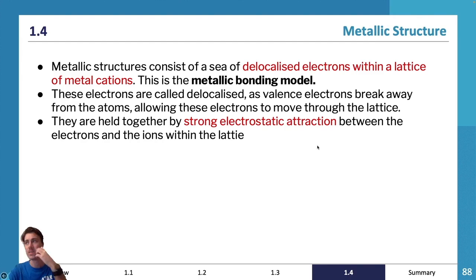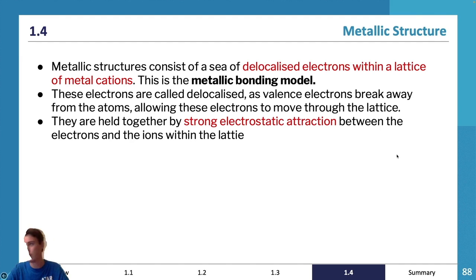So this is the metallic bonding model. And these electrons are called delocalized as valence electrons break away from the atoms, allowing these electrons to move throughout the lattice. They are held together by a strong electrostatic attraction between the electrons and the ions within the lattice.